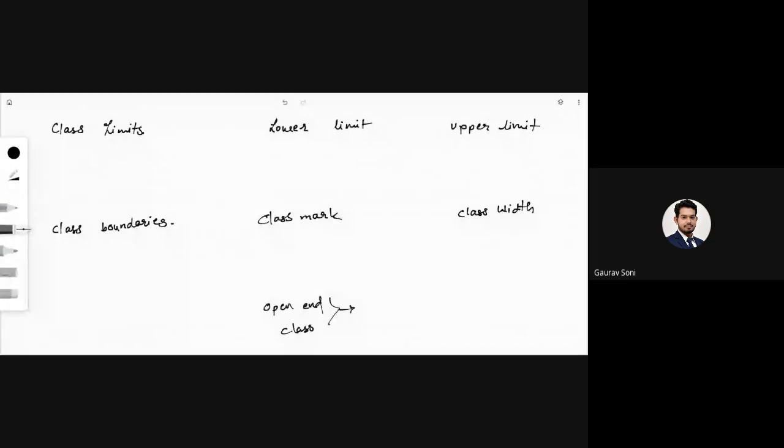It's not so difficult. So, what do we call a class limit?